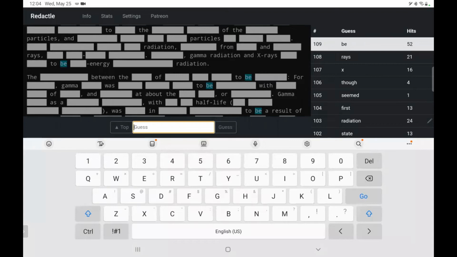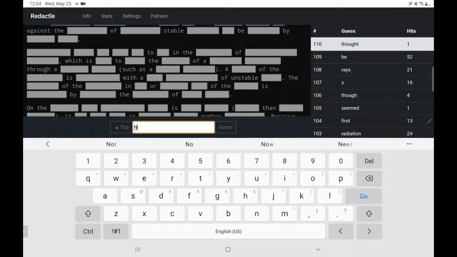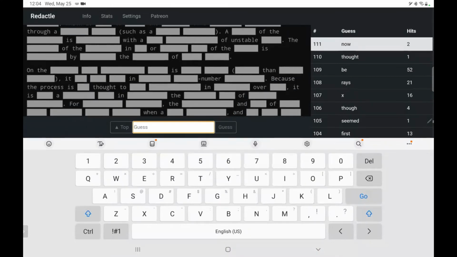It's not rays, it's not radiation, it's not energy. Was thought to be. There is one thought. The process is now. There are two nows, but not there. The process, because the process is something thought to take.